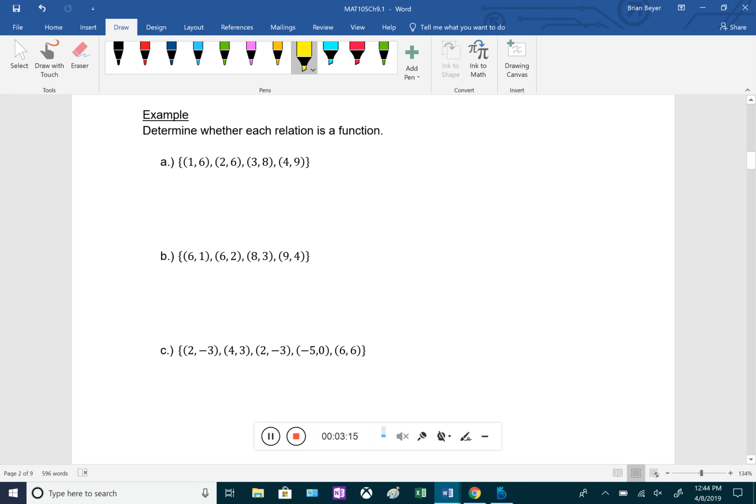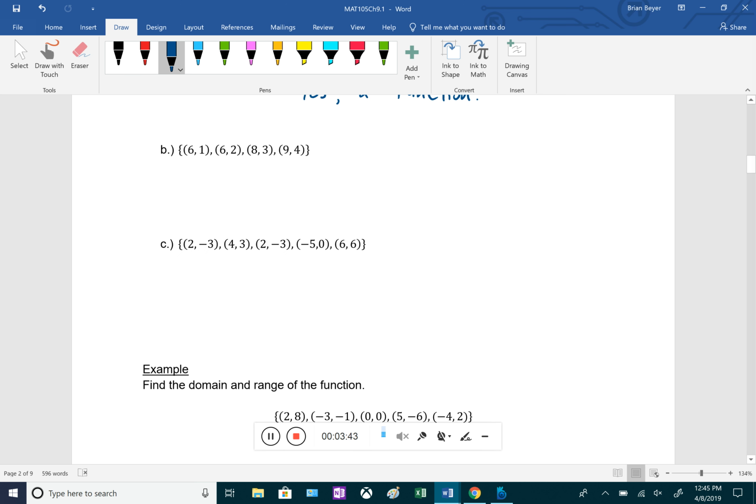Some examples here, let's determine whether each relation is a function. This first one, we have the coordinates (1, 6), (2, 6), (3, 8), and (4, 9). Since each x coordinate only appears once, there's no repetition, that means each x coordinate will go to one y coordinate. So yes, this is a function.